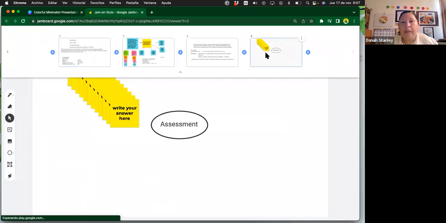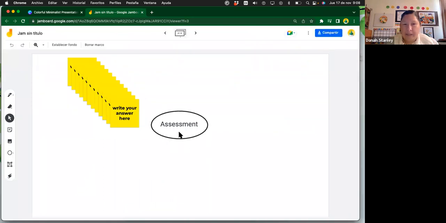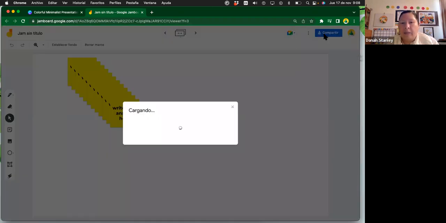Here in the Jamboard, I have the word assessment and I have different post-its. So what I want you to do, if you can, is get into the Jamboard and write a word or an idea that you associate with assessment.